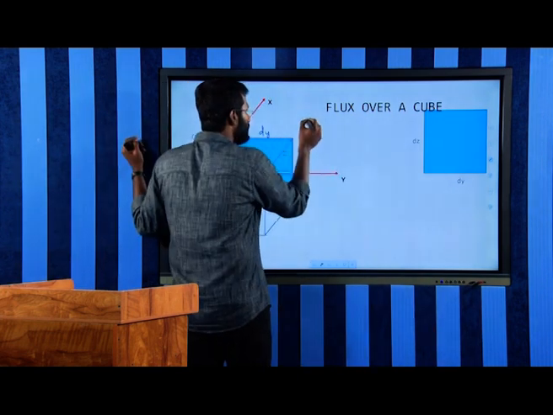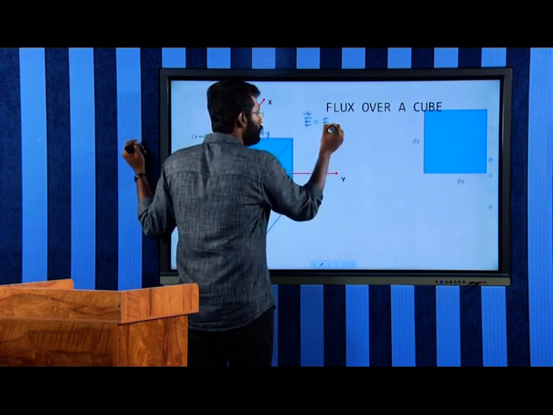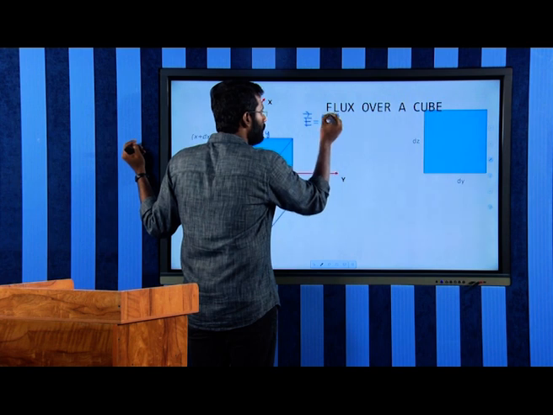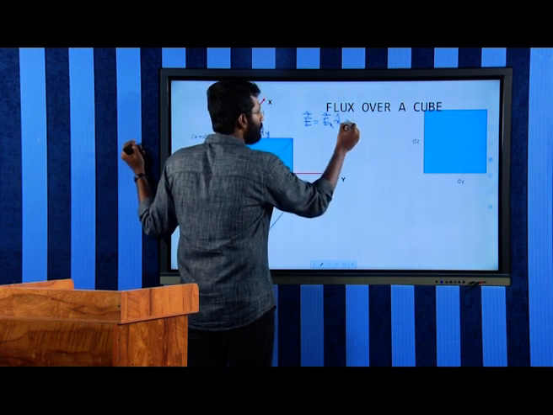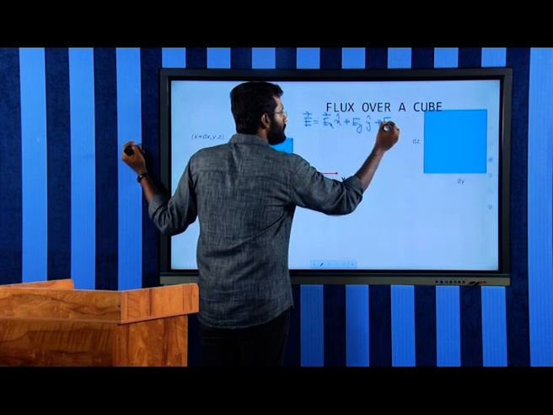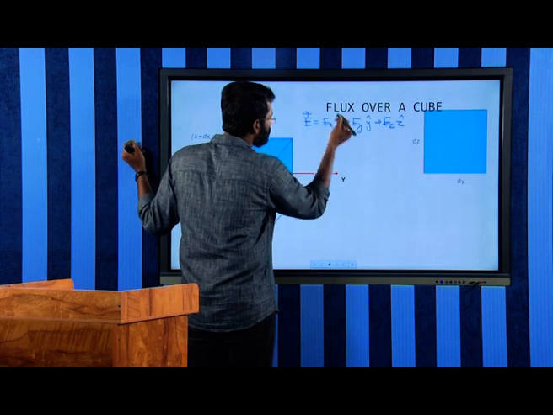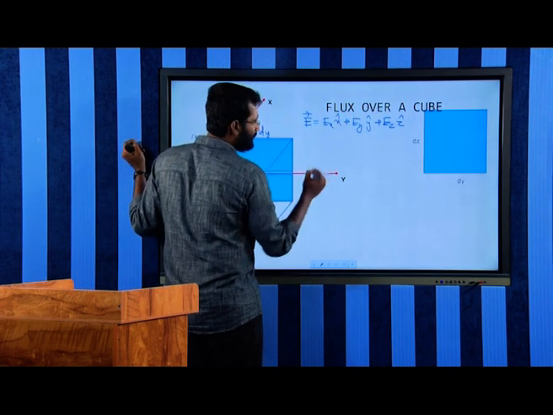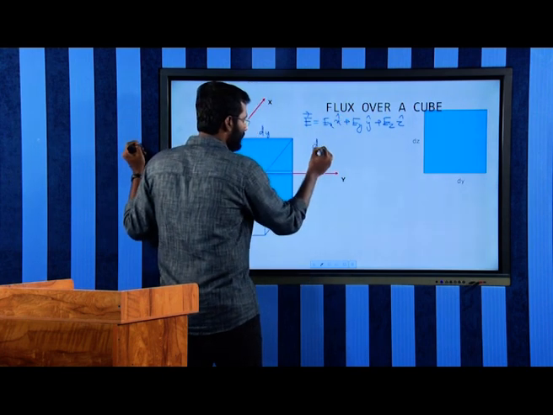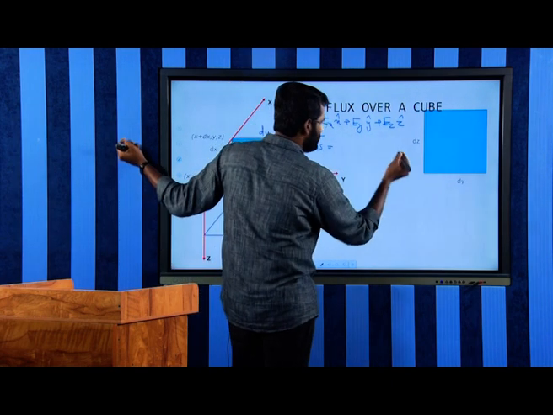Again, we have the old E, that is E is equal to E x into x cap plus E y into y cap plus E z into z cap. Now we need the area, that is the ds. So, ds is equal to dy dz, simply the product.